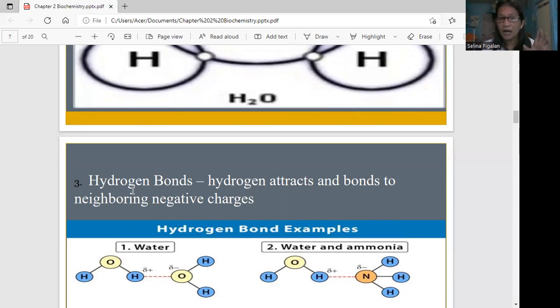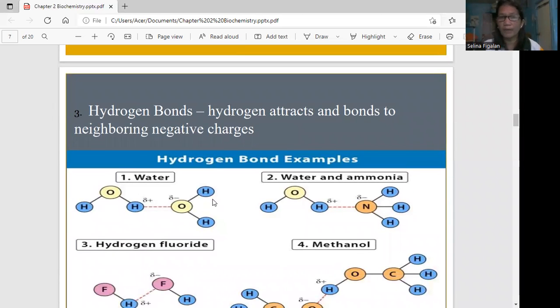Hydrogen bonds: hydrogen attracts and bonds to neighboring negative charges. Look at this, the examples that I have. Your water and ammonia comparison, they are made up of hydrogens. Your ammonia with a molecular formula of NH3, which means 1 atom of nitrogen and 3 atoms of hydrogen.